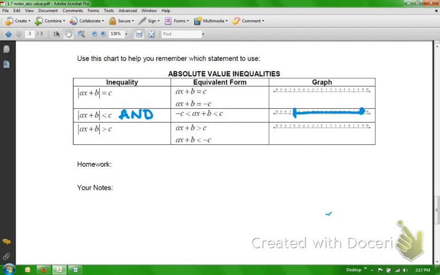It makes that type of graph. If it is greater than, those are what is referred to as OR graphs. The distance needs to be greater than c or less than negative c. So if this is your c, negative c, and here's your c, our graph will go out like this.